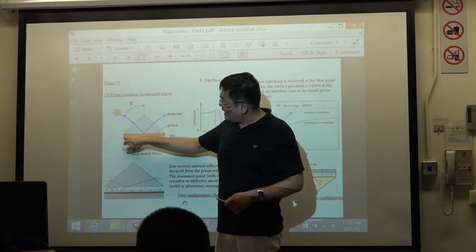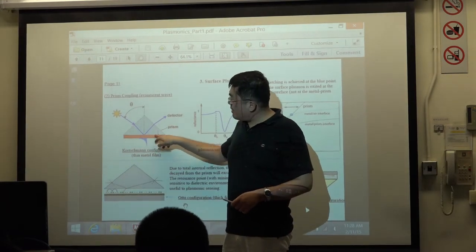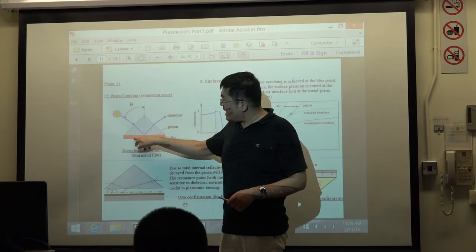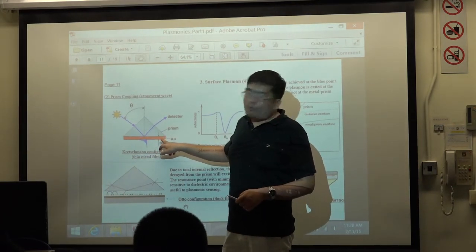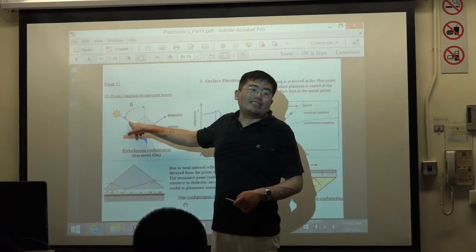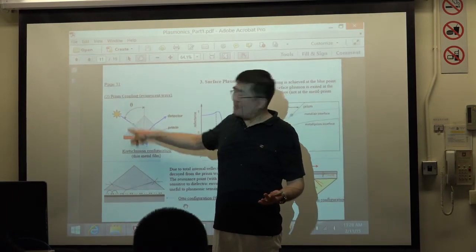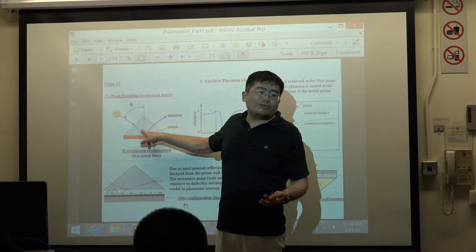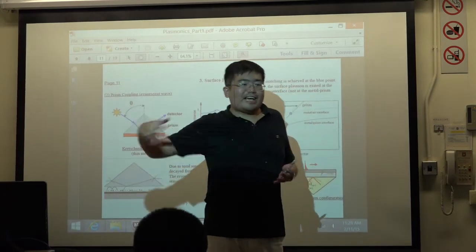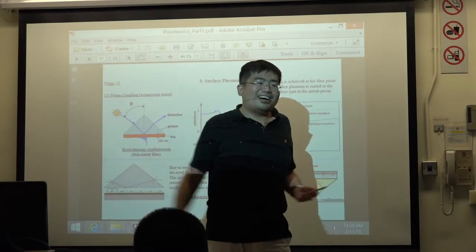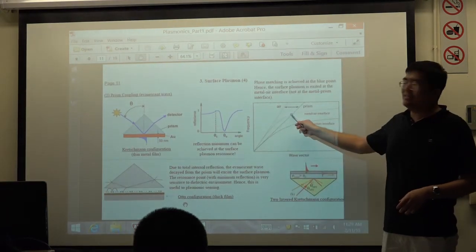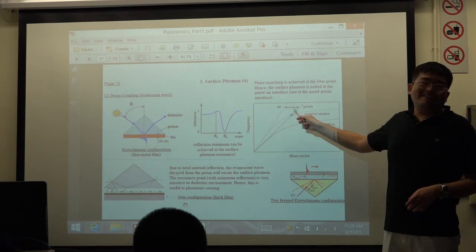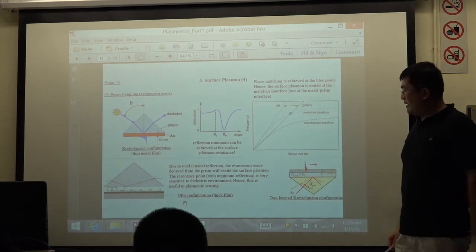If the surface plasmon is excited at this air and metal interface, Kx should be larger than K0. So a plane wave from air cannot excite it, because the maximum is K0. But a plane wave in the prism is possible, because the maximum is K0 multiplied by n. So this can be excited. This is the reason there's a cross point here.